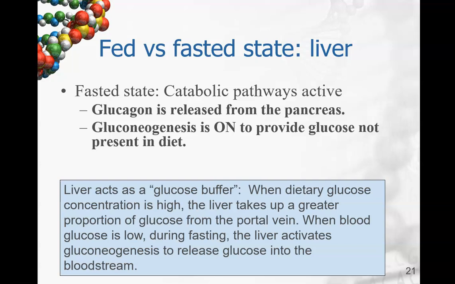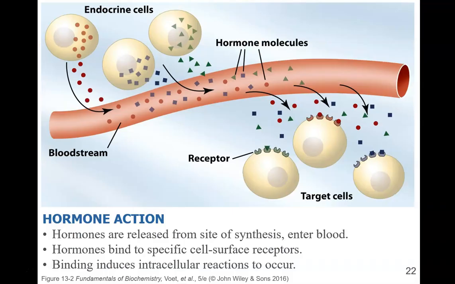When dietary glucose is high, the liver takes up glucose from the diet, from the portal vein, takes up maybe whatever it needs, and then releases the rest to the blood. But when blood glucose is low, the liver activates gluconeogenesis to release glucose into the bloodstream. So the liver's job is to maintain glucose homeostasis, and it happens using these insulin and glucagon hormones.